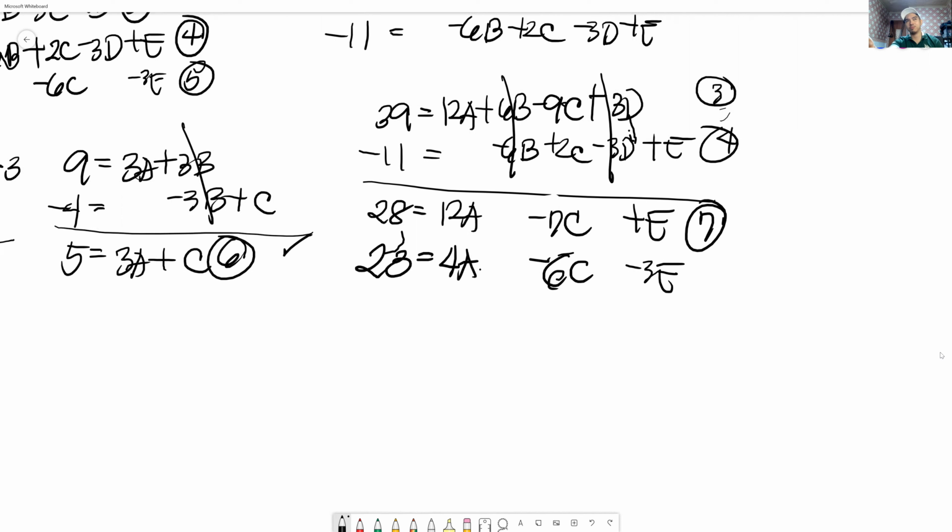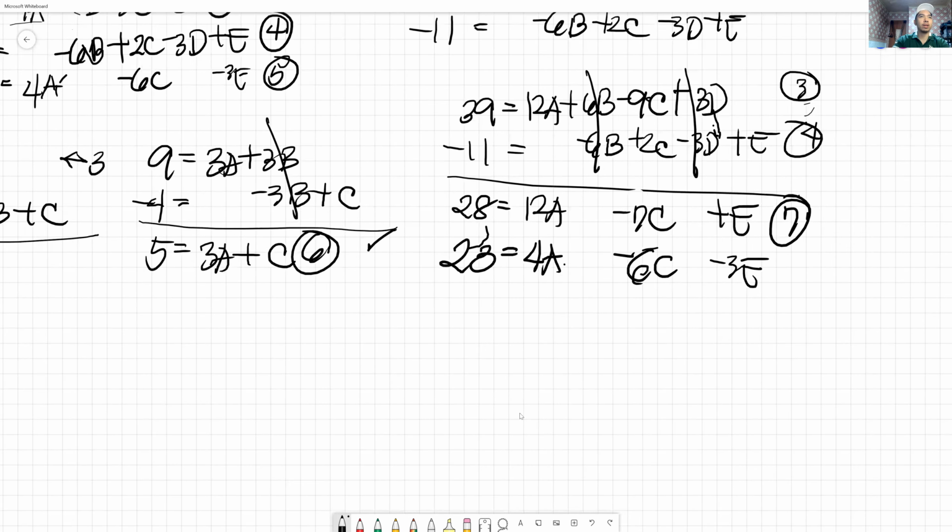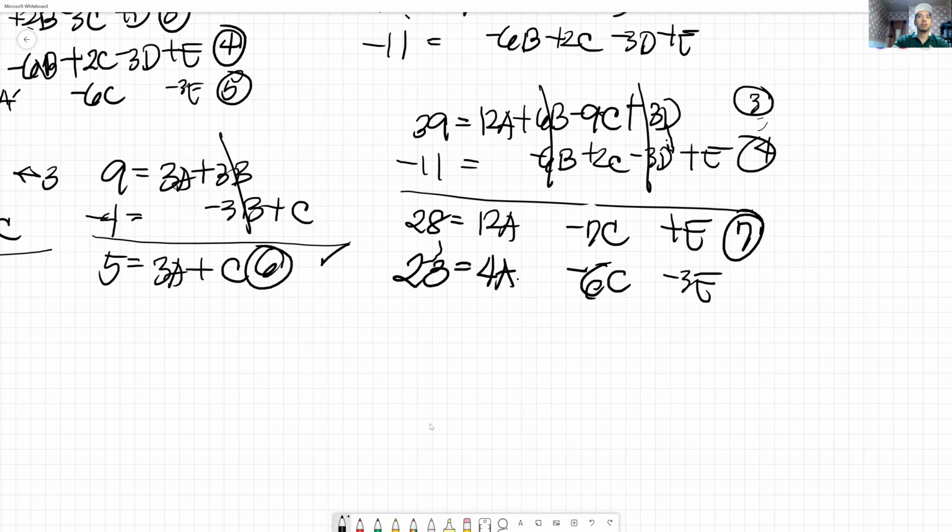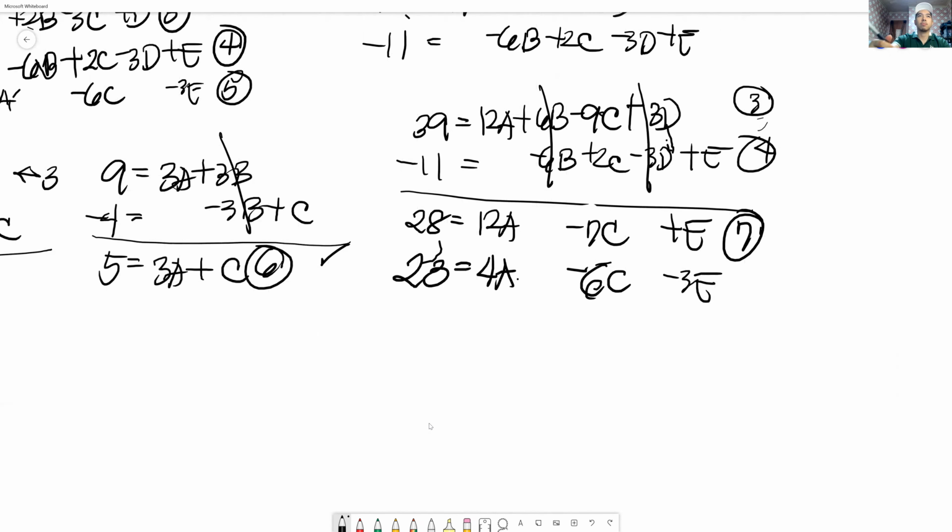Yes, it will be better for that one. So 23 for A minus 6 minus 3. Okay. So we'll multiply everything here by 3. So that will have 28 equals, or rather 28 times 3. So 28 times 3, so you have 84.